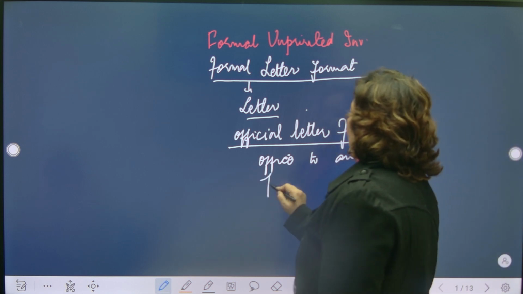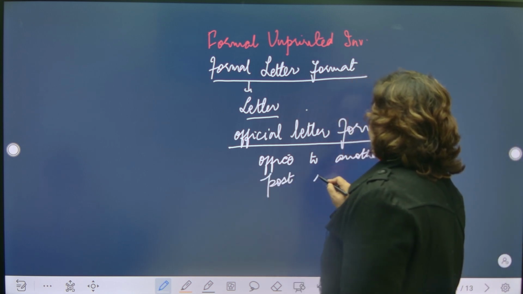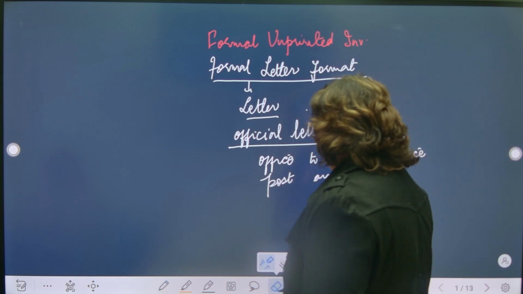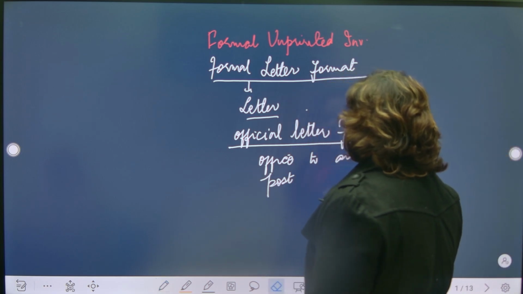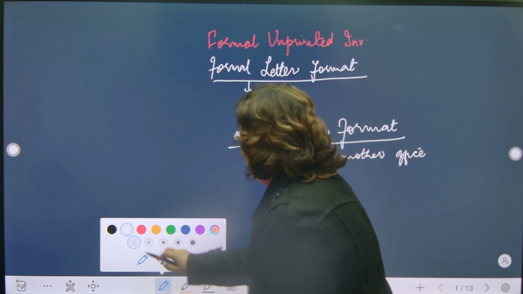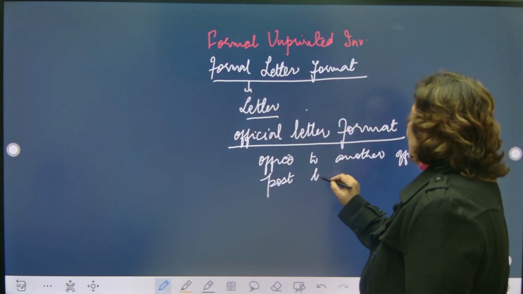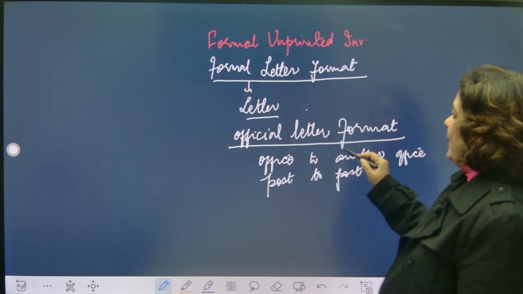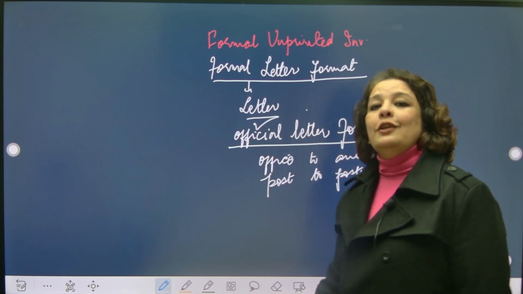Second, one post is inviting another post. It is from post to post. That is why it is done in an official letter format.